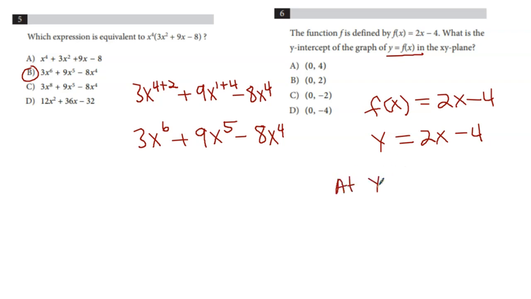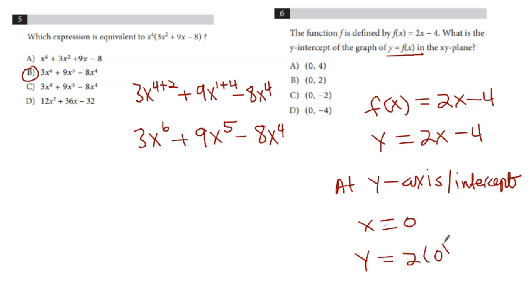So at the y-intercept, x is equal to 0. So here you replace x with 0, and you see that y is equal to this. This is just a line. Here they want us to write it as an xy-plane coordinate. So as a coordinate, x is 0, and y is that.